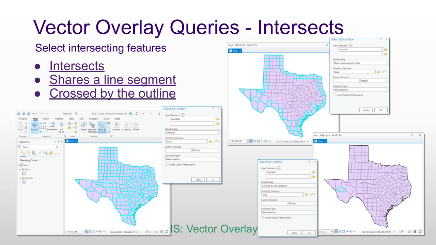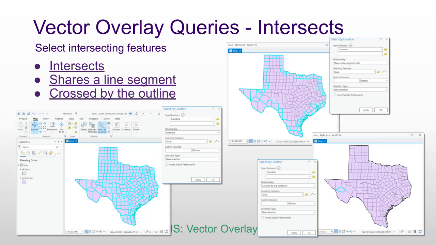Now let's take a closer look at each of these vector overlay queries, and we'll start with intersects, in which you select intersecting features. And this is the default and maybe most straightforward form of spatial relationship in the Select by Location tool in ArcGIS Pro. If you look at the examples in the lower left-hand corner, you can see that I'm utilizing a counties and Texas polygonal layers to perform my Select by Location.